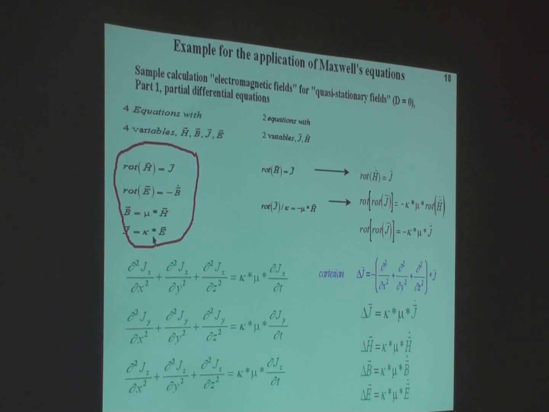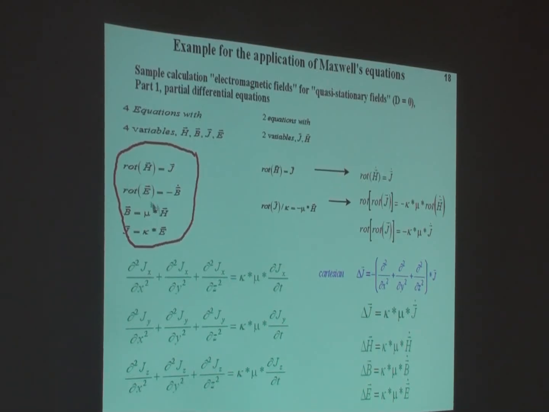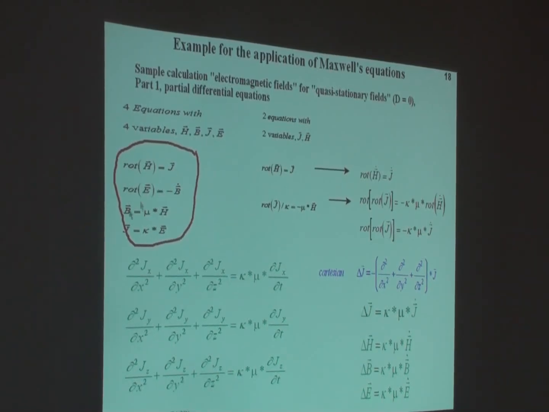I think it's not necessary to know, but you have to put all these differential equations into one, and then you will get this one for the current density. Then you have only one differential equation for a vector with 3 components.